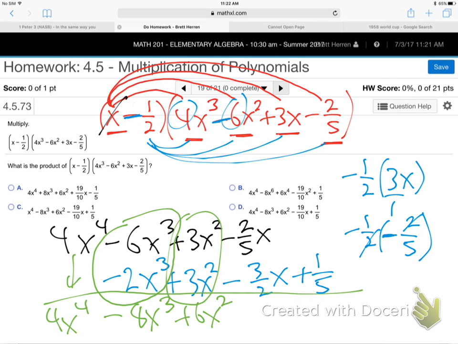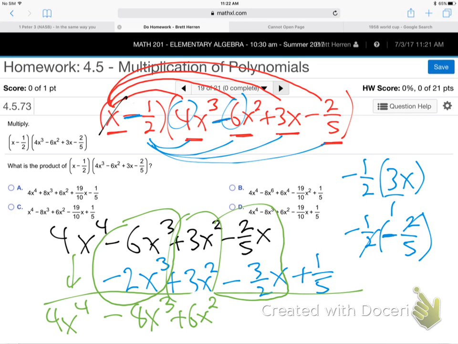Okay, now the real trick is those other two, huh? What am I going to do with these guys? What am I going to do with the minus 2/5 x and the minus 3/2 x? How do you add, subtract a couple fractions like that?